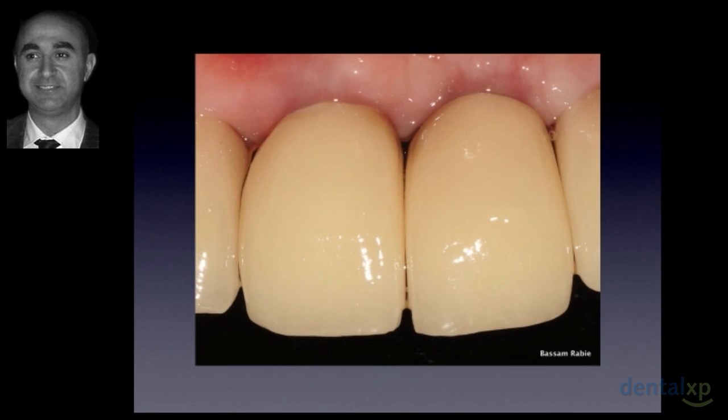And you can see the soft tissue around the crowns, which is stable due to the fact that we have good thickness of soft tissue in this labial aspect, which is overlying the good amount of bone from the block grafts in front of our implants.